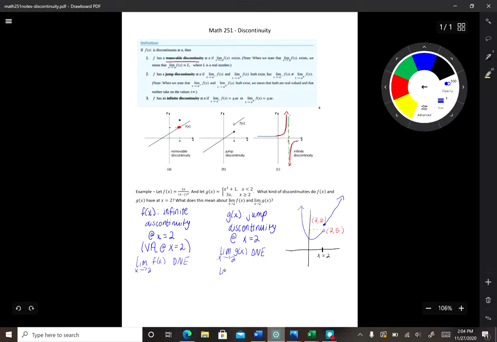So the limit as x approaches 2 from the left of g of x, well, we would be on the quadratic piece, which has a limit of 5. And the limit as x approaches 2 from the right, that means we're on the linear piece, which is equal to 6. So these two one-sided limits do exist, but since they are not the same number, our overall limit does not exist.